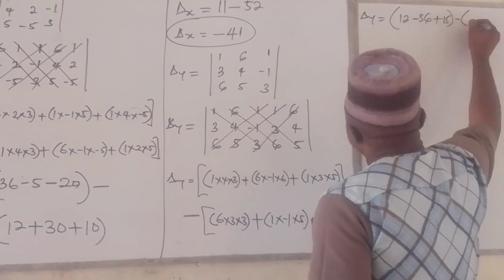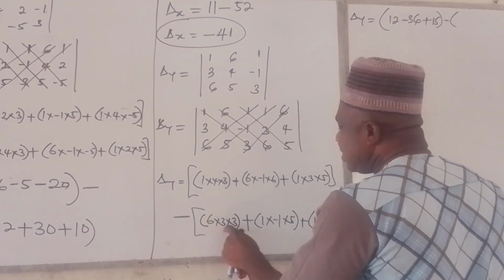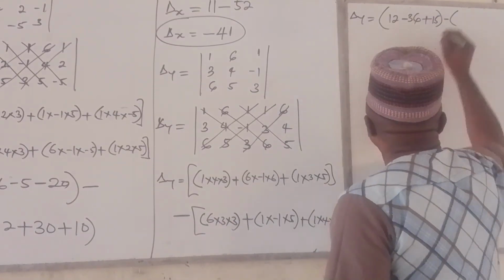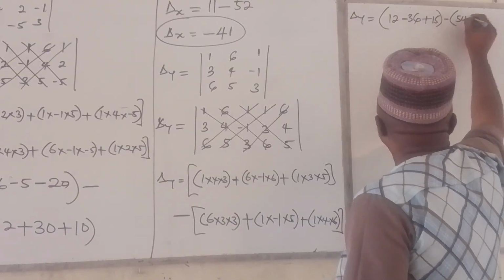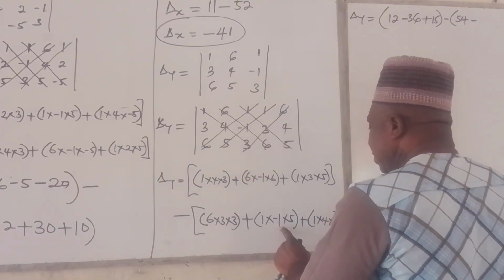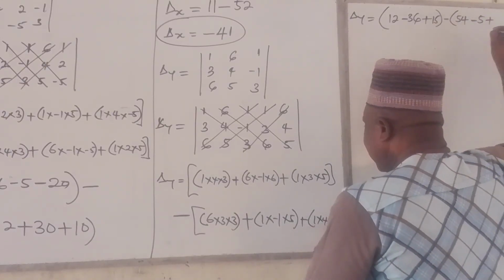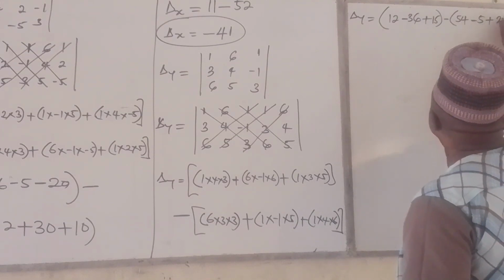Then minus 6 times 3 times 3, that's 6 times 9, which is 54. Then minus 1 times minus 1 times 5, that's 5, plus 1 times 4 times 6, that's 24.